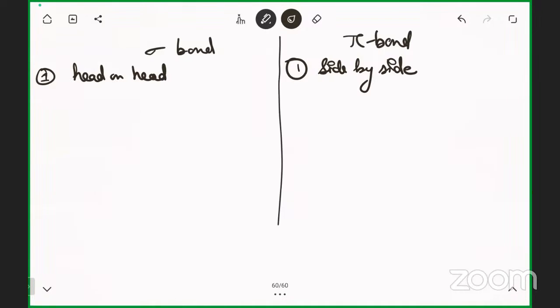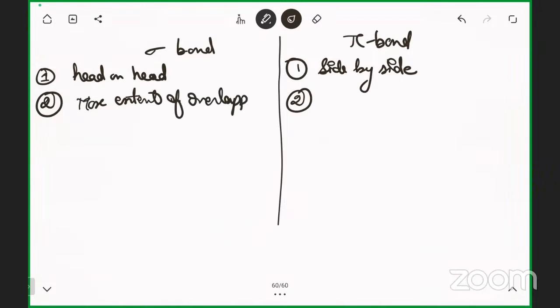Okay. Second thing, in sigma and pi bond, in case of sigma, there is more extent of overlapping, while in case of pi, there is a lesser extent of overlapping.